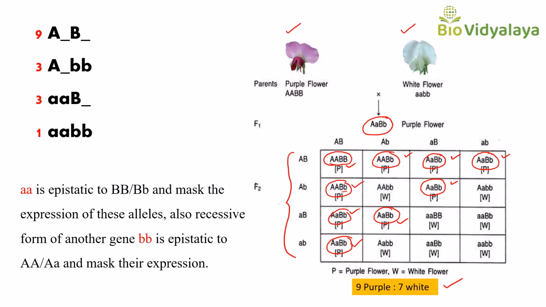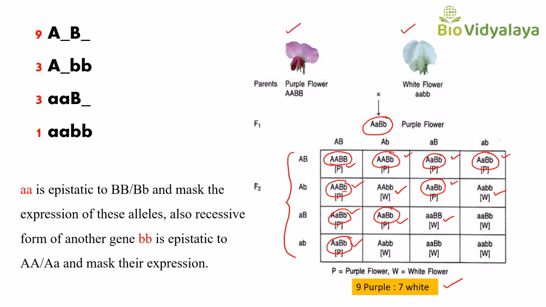But here you can see that there is only gene A in dominant form. B gene is in recessive form. That's why here we are getting white color flower. Here you can see A is in dominant form but B is in recessive form. So here white. Here B is in dominant form but A is in recessive form.